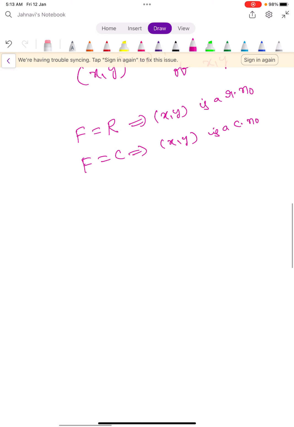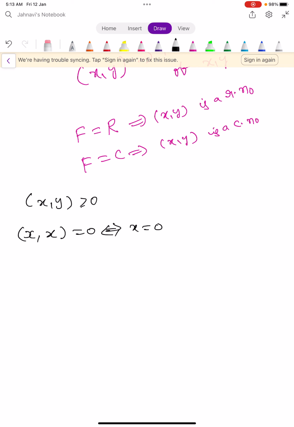What is the third condition? Inner product of x comma x is greater than or equal to 0, and the inner product of x comma x is equal to 0 if and only if x is equal to 0.